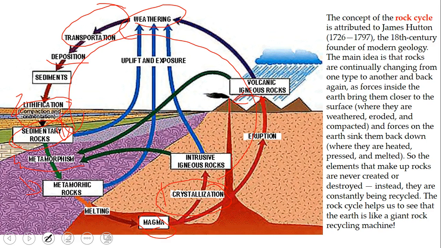The thing that I want you to understand, though, is that you can also take a pre-existing igneous rock and make it into another igneous rock. All you have to do is remelt it, and then it'll make a new igneous rock. You could also take an igneous rock and transform it directly into a metamorphic rock. A perfect example would be taking the igneous rock granite, depicted by this symbol right here.